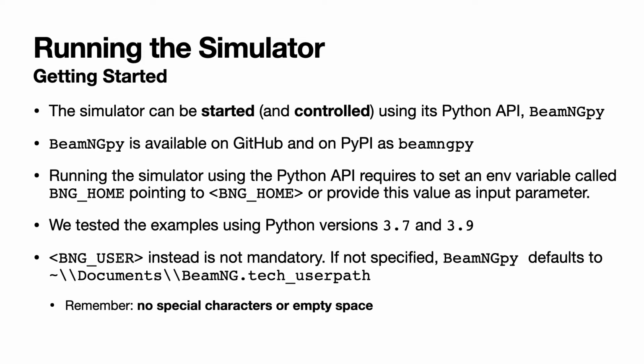Just a disclaimer, I tested those examples using Python version 3.7 and 3.9. Other versions may be supported, probably more recent versions, but I haven't tested that. If you don't specify any BeamNG user parameter, then the simulator will default to your home documents BeamNG.tech user path.